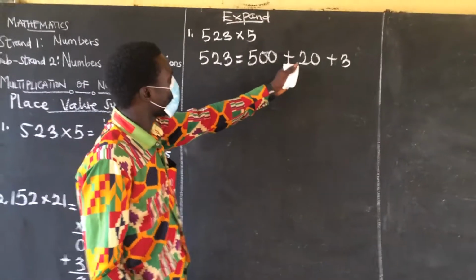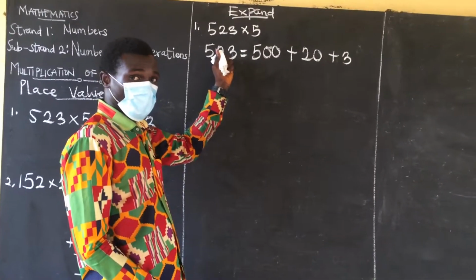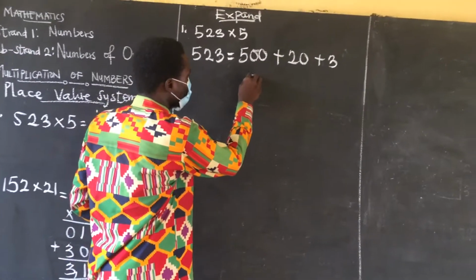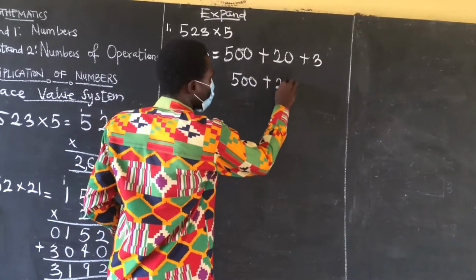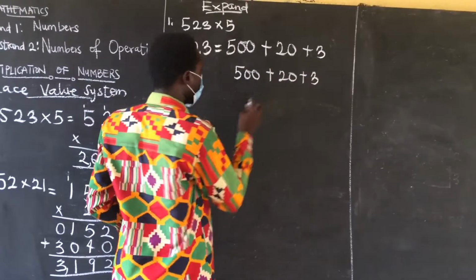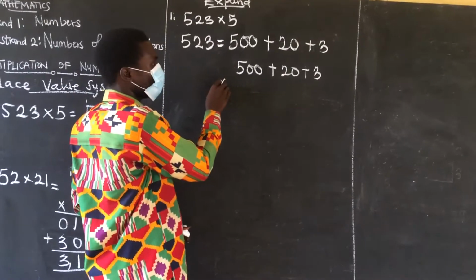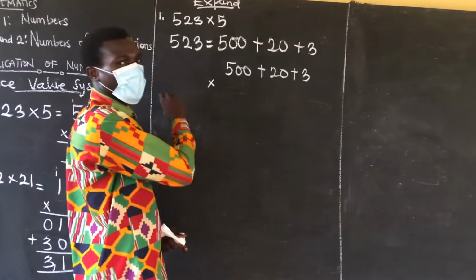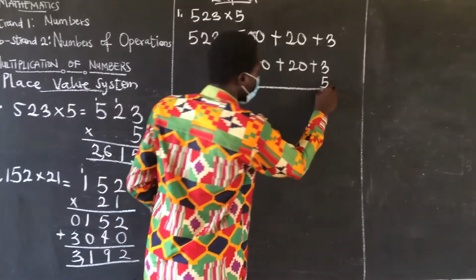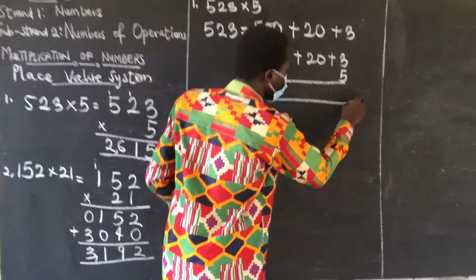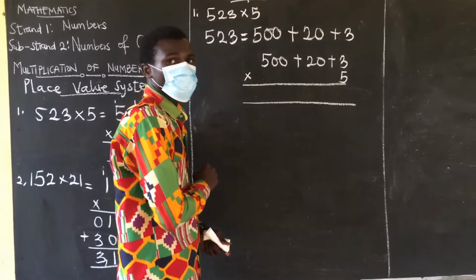So after expanding the 3-digit number, I'm just going to multiply 500 plus 20 plus 3 times, what am I using to multiply? 5. So times 5. Then we get our equal to sign.